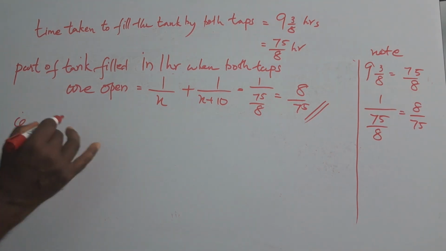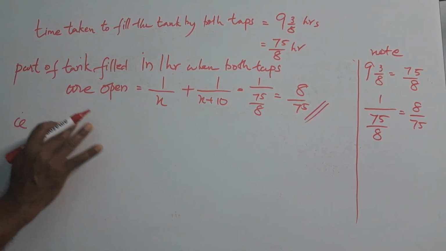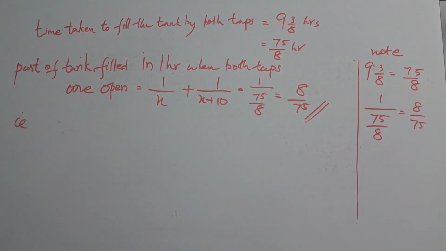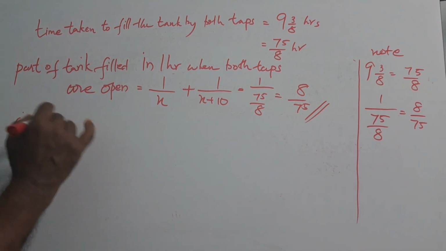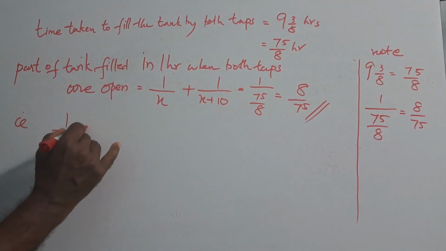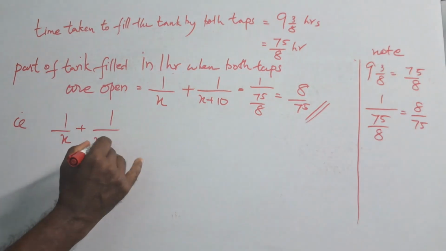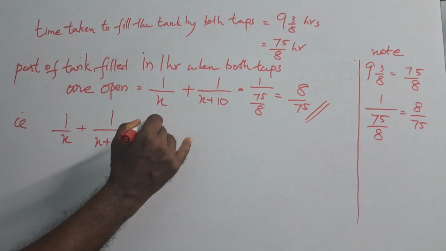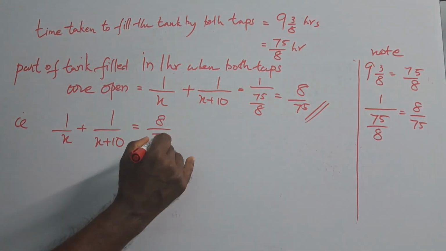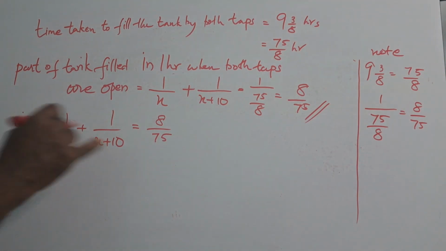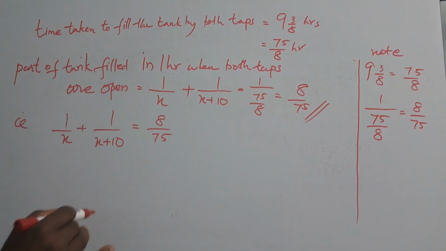That is, 1 by x plus 1 by x plus 10 is equal to 8 by 75. Let's add the two fractions.